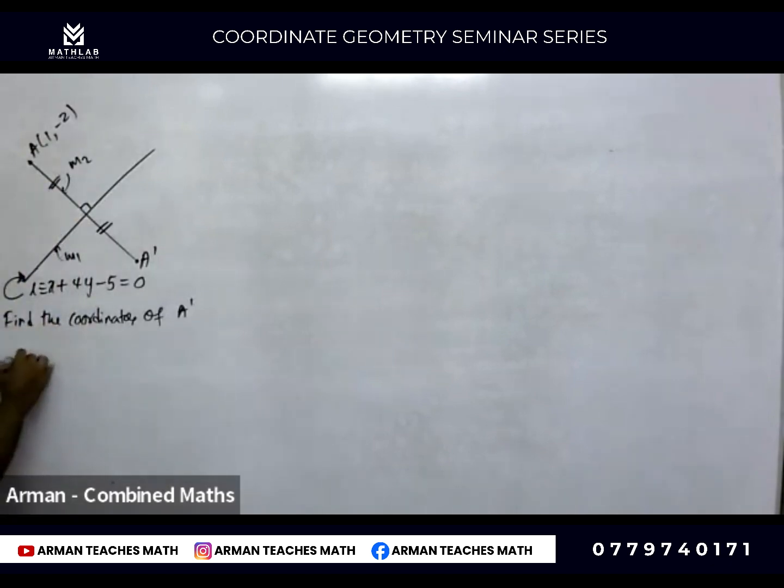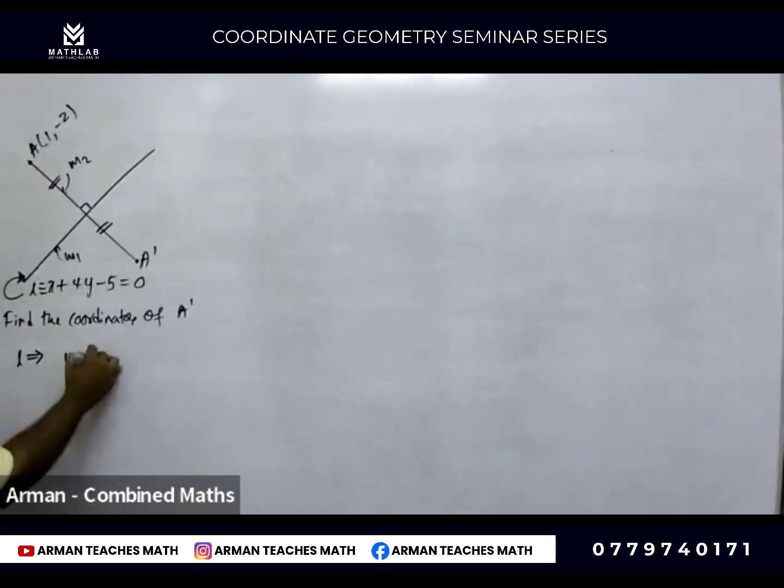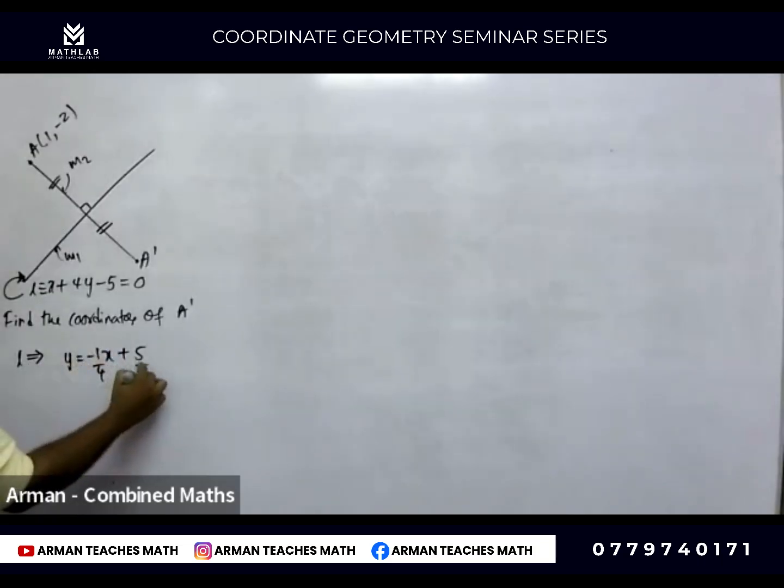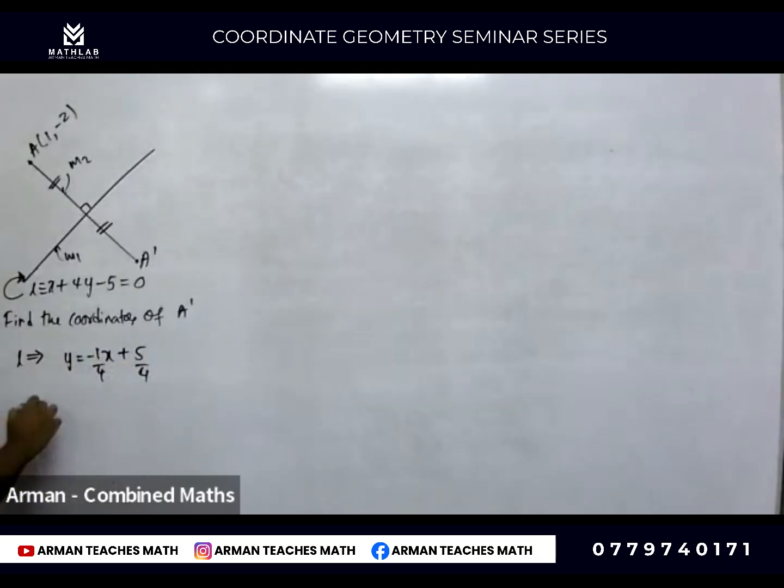If we write the L equation in y equals mx plus c format, it is minus x over 4 plus 5 over 4, so minus 1 over 4 times x plus 5 over 4. Therefore the M1 gradient is equal to minus 1 over 4.